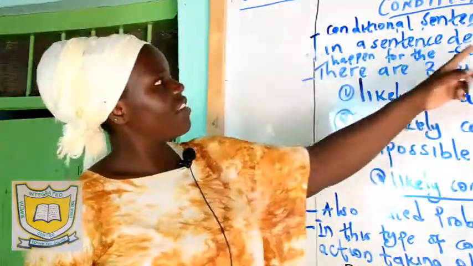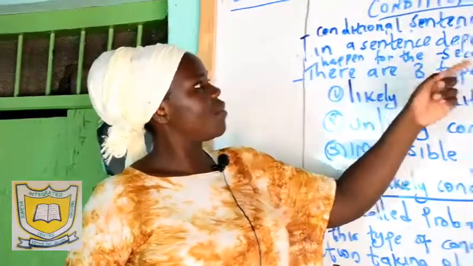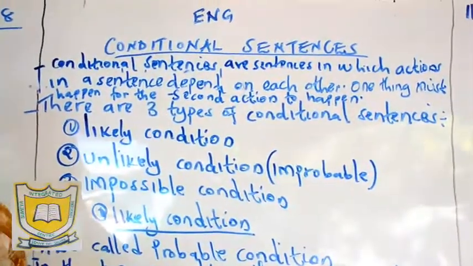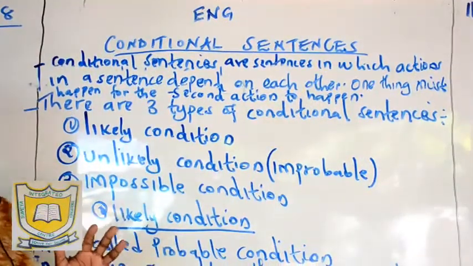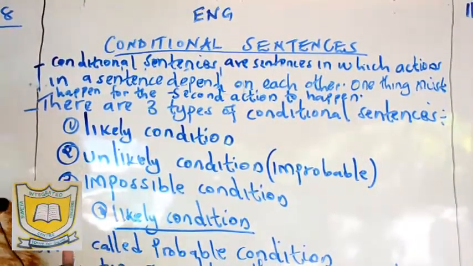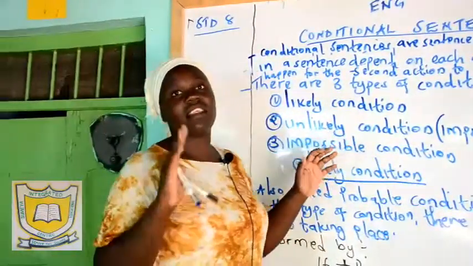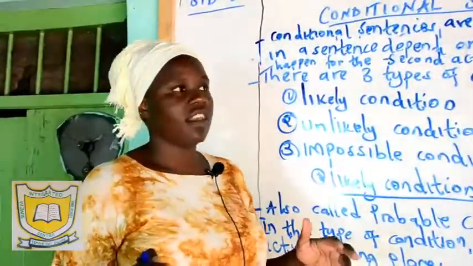One thing must happen for the second action to happen. So the first action must take place for the second action to take place. That means if the first action cannot take place, then the second action cannot take place.